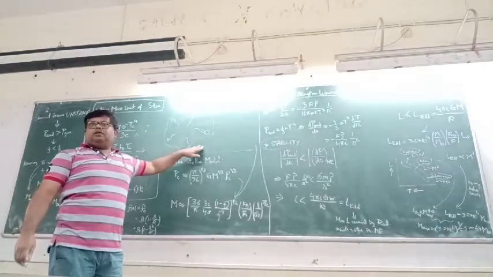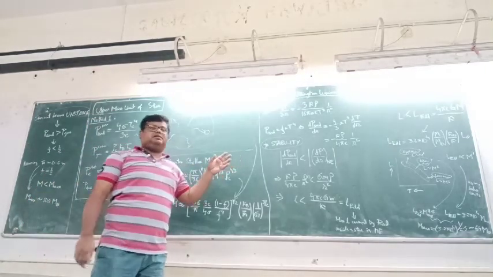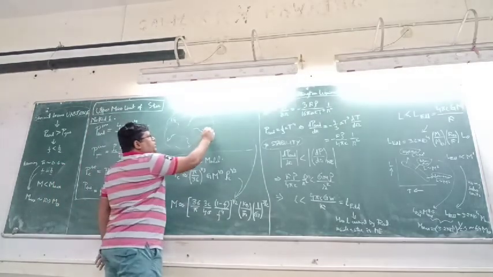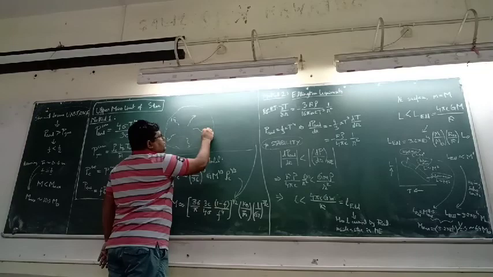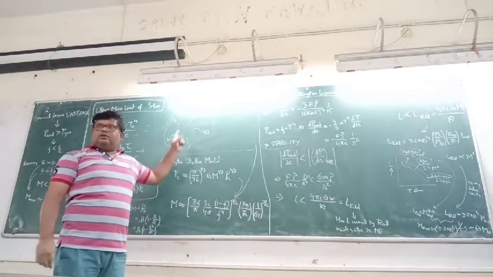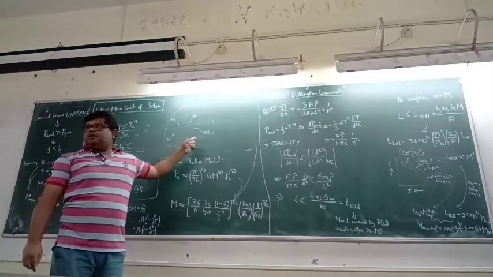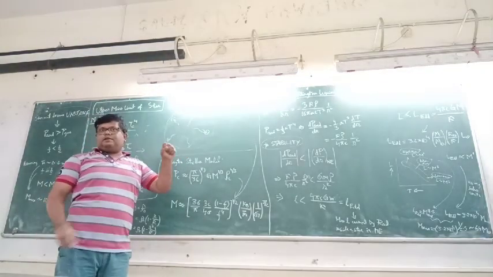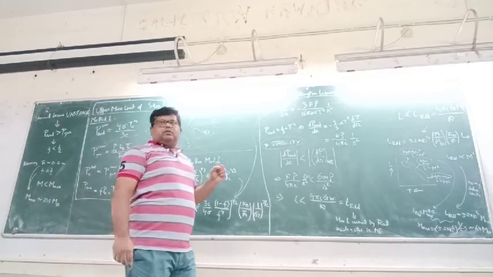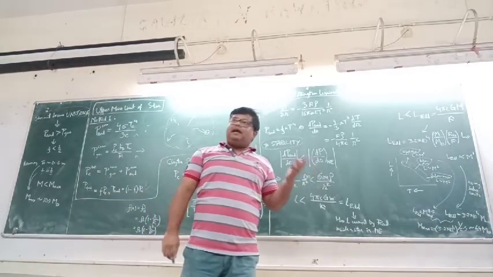Now let me say that basically only hydrogen is there. So what will the photons interact with? They will interact with the proton and electron, which together form the hydrogen atom. Now, are the masses of proton and electron the same?